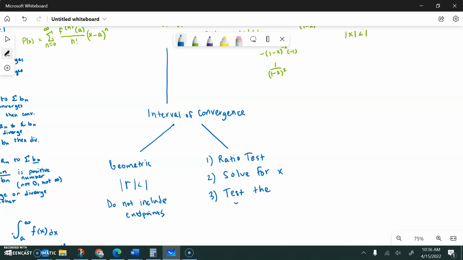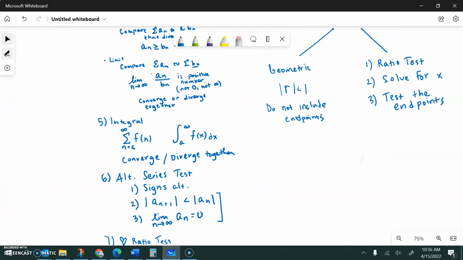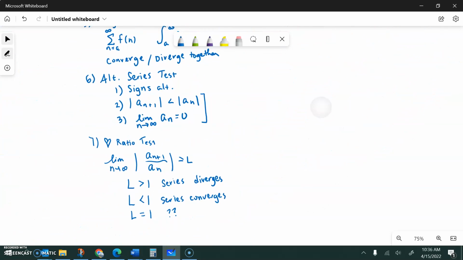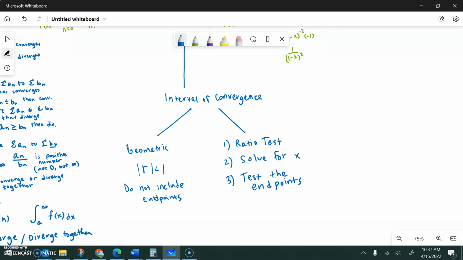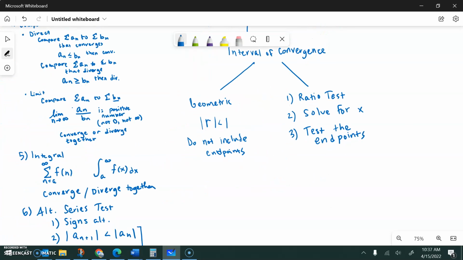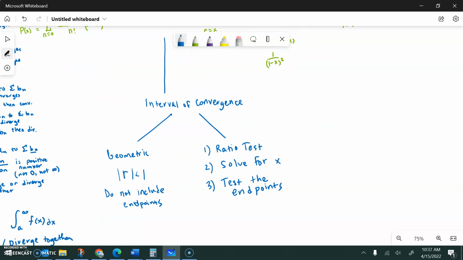And when we test the endpoints to see if they're included, we go back to all of the tests that we had before, except for the ratio test, because the ratio test won't work. So when we're testing the endpoints, we wind up checking to see if our series converges by p-series or by alternating series probably. So we use the endpoints to see if we should include them. And then we write the interval from there.